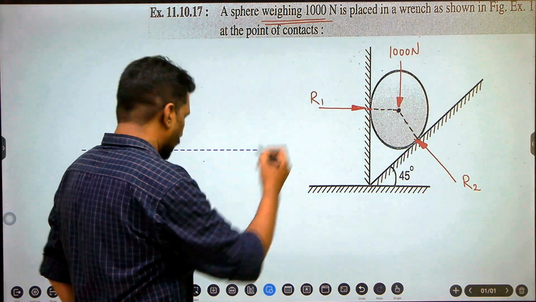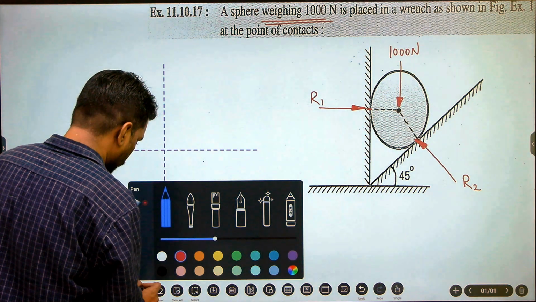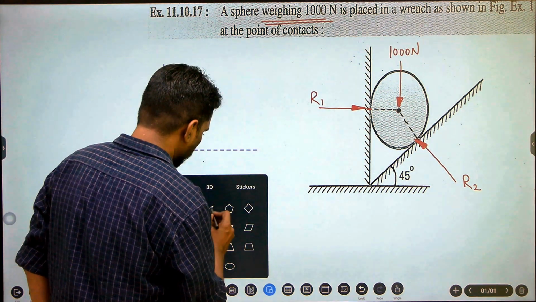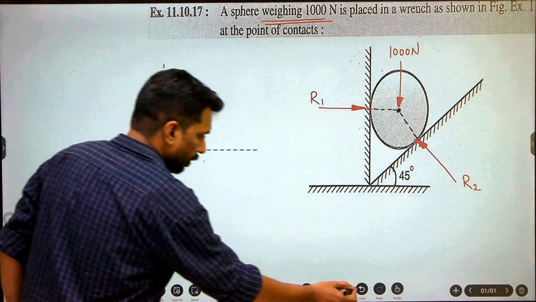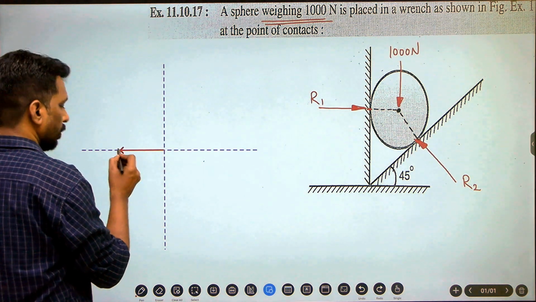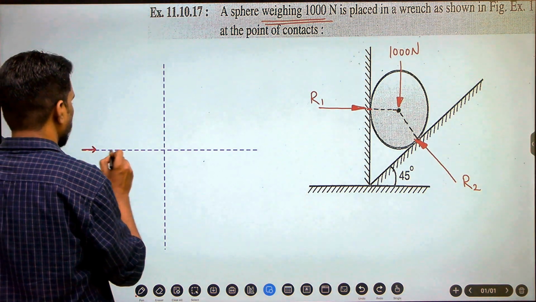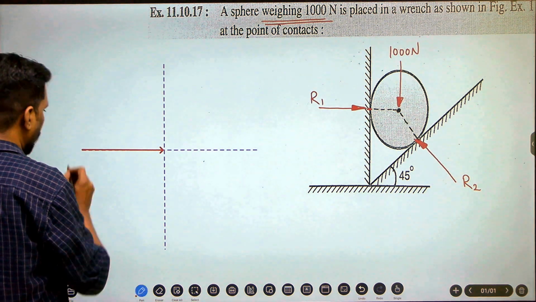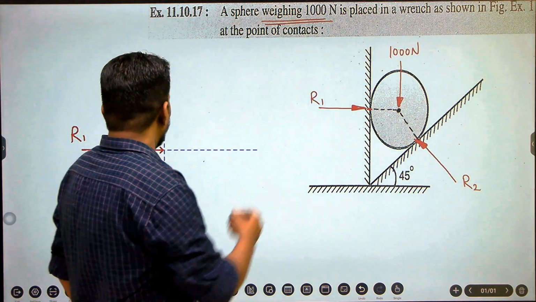Now I'll show R1 first because it is easy to show. Horizontal. So this is the first force, R1, horizontal. Then the 1000 Newton vertically downward.